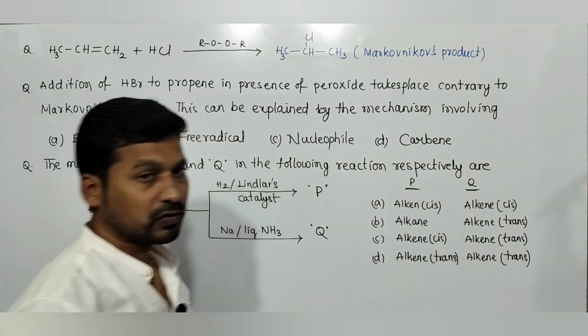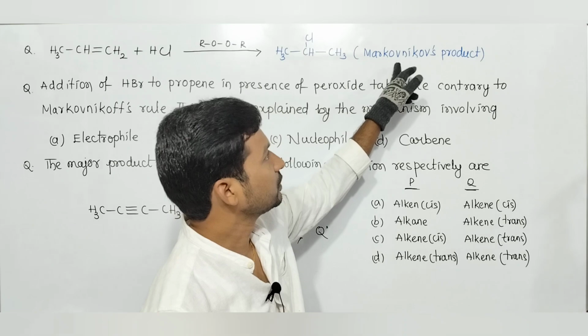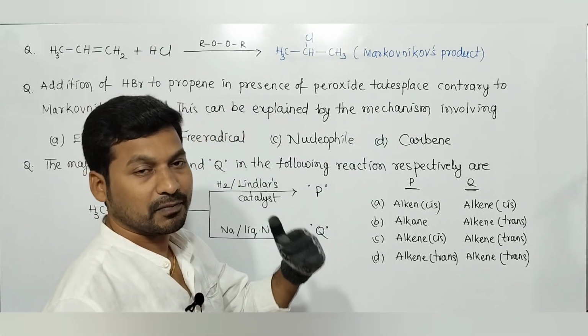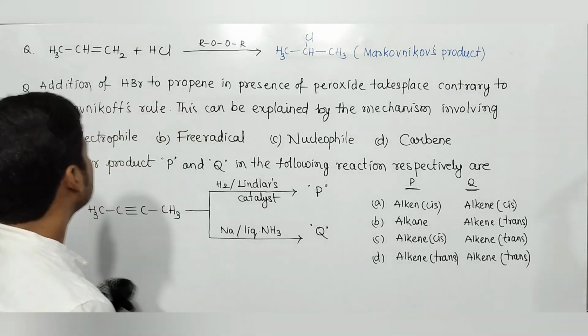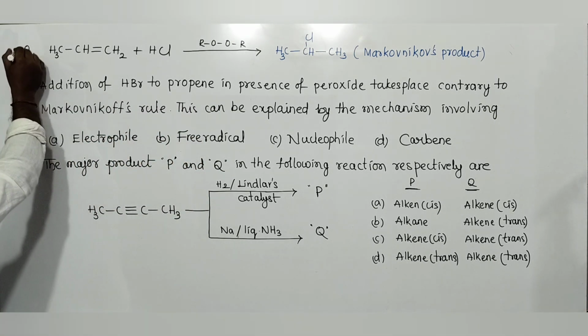The spelling of Markovnikov's differs in some books; most books use one spelling, some books use another. Consider both. Right, that is question number 1. Question number 1 completed. Next, question number 2.